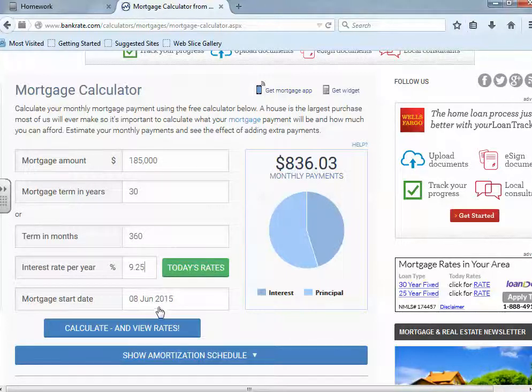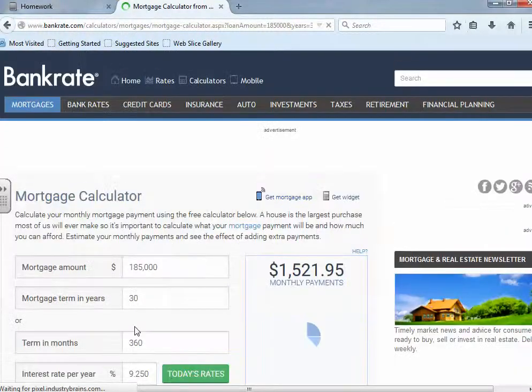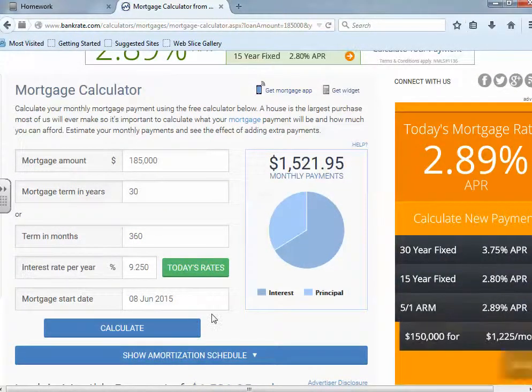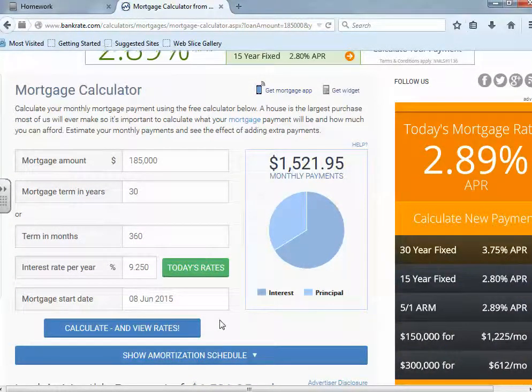Put it in as a percent, and you don't have to worry about the mortgage start date. Go ahead and press calculate. The monthly payment is $1,521.95.